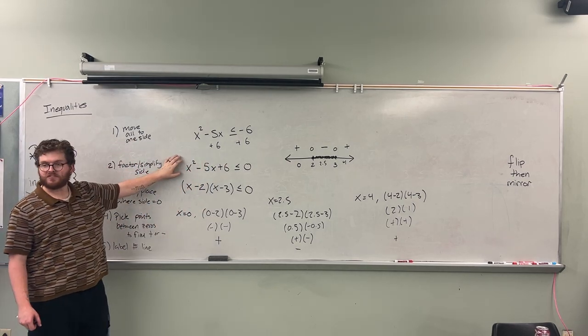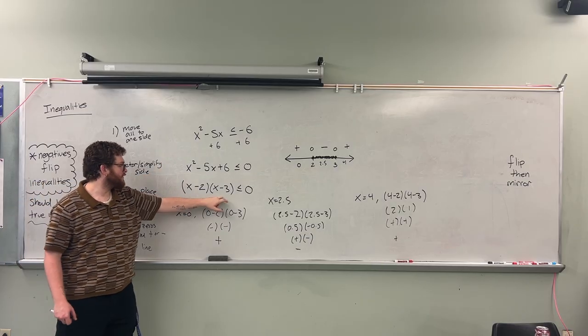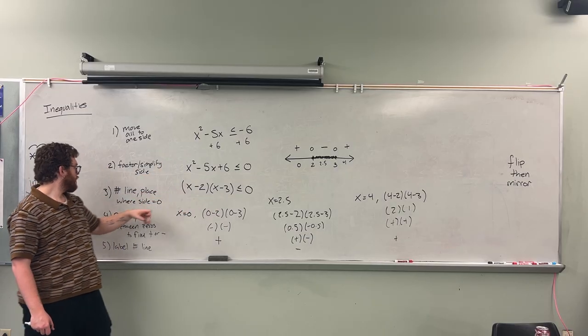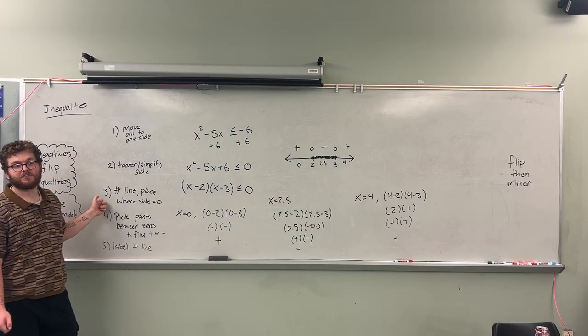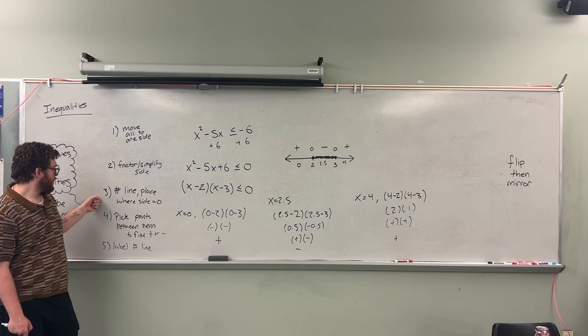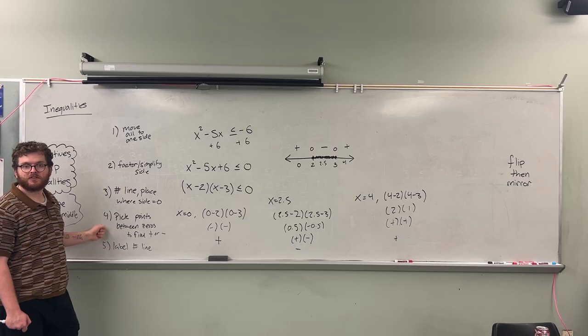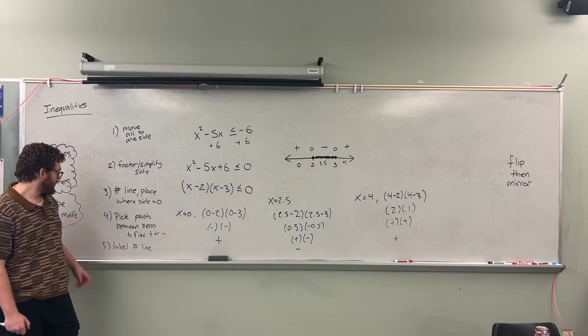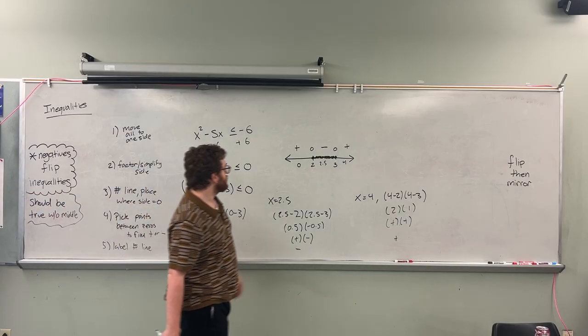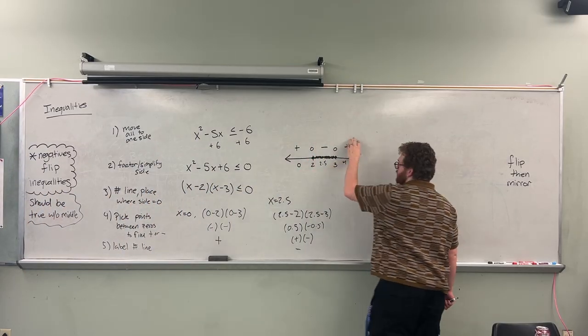We factored or simplified this side, so I factored it into these terms, which allowed me to place on the number line where the function is 0. And then I picked points between those zeros to figure out what the number line was doing otherwise, if it was positive or negative in those regions. And then I labeled my number line with the positive region, negative region, positive region.